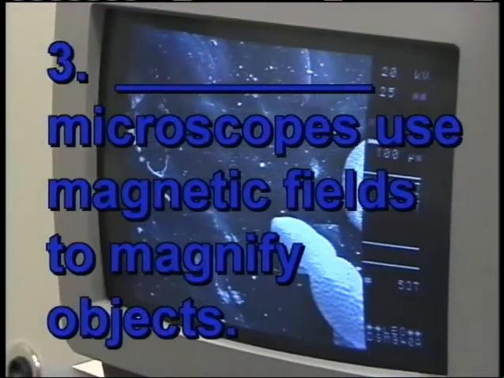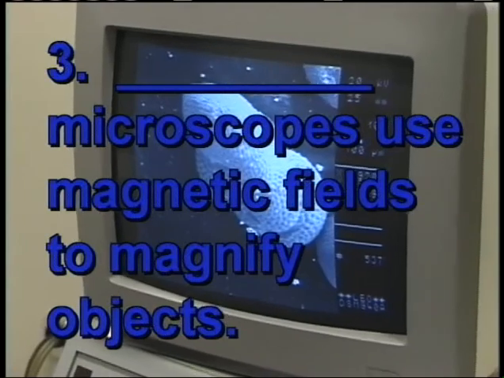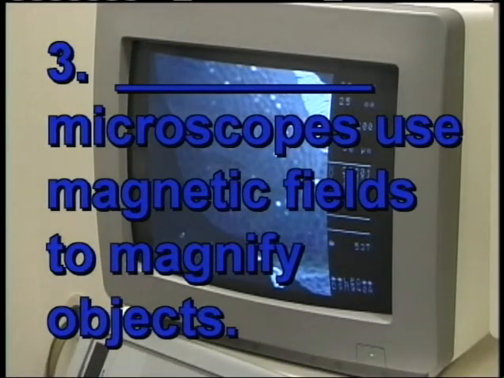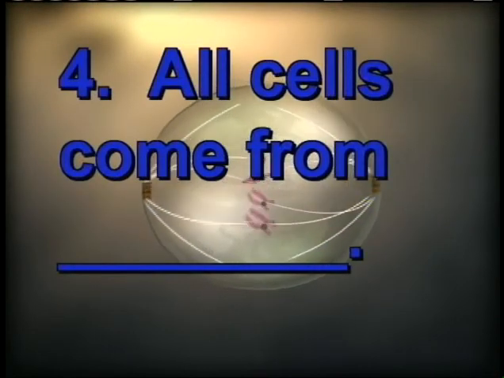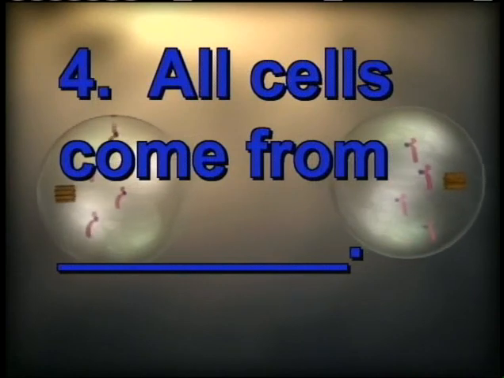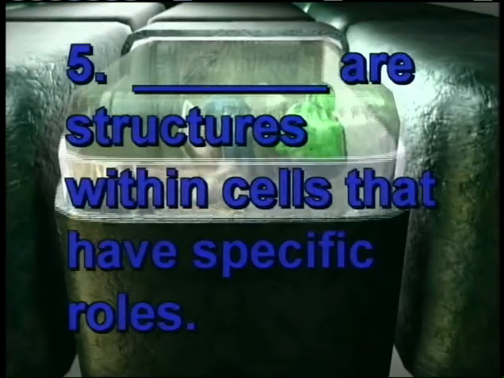Number 3. Microscopes use magnetic fields to magnify objects. Number 4. All cells come from... Number 5.